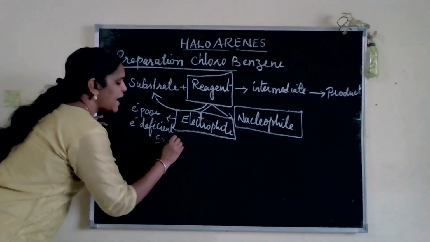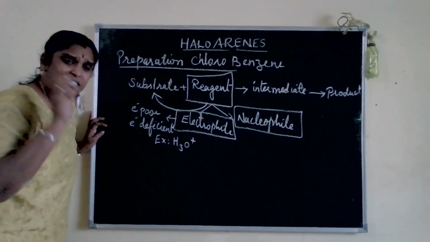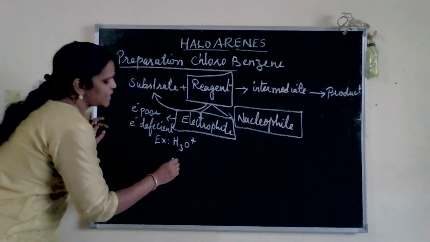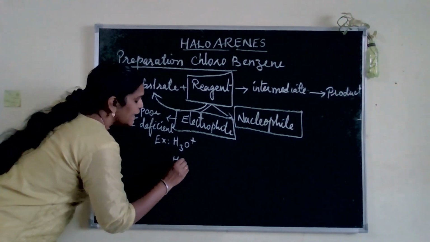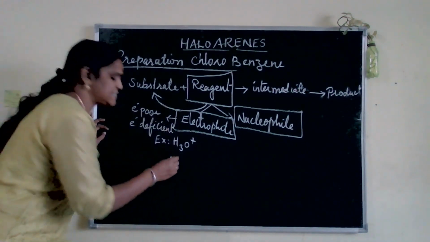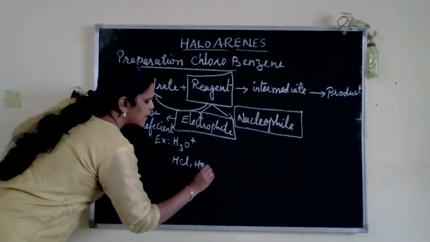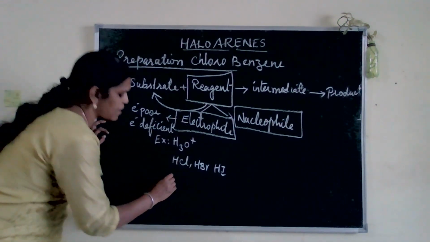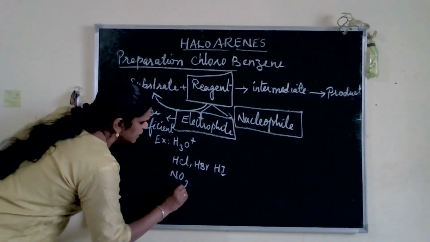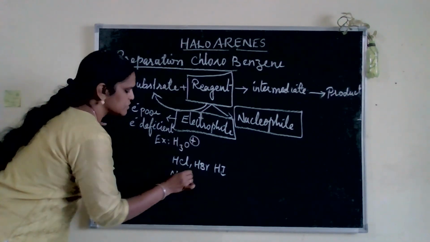Example, usually hydronium ion, H3O+, usually positive ions will be there. So easily you can identify. Now hydrogen halides, HCl, HBr and HI, all these things. Now nitronium ion, NO2+. So everywhere you can find that positive charge.